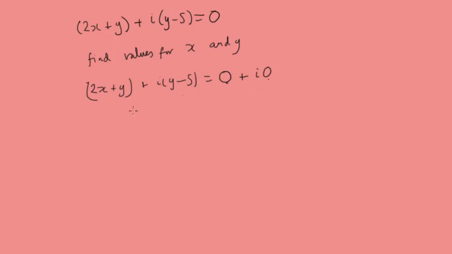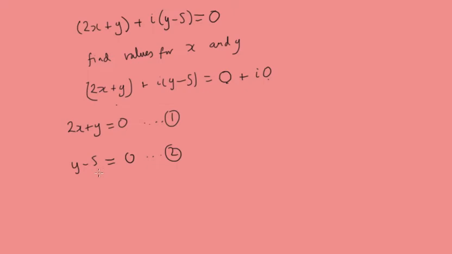So now we can equate the real and the imaginary to 0. So this is going to be equation 1, and y minus 5 must equal 0, and that's equation 2.